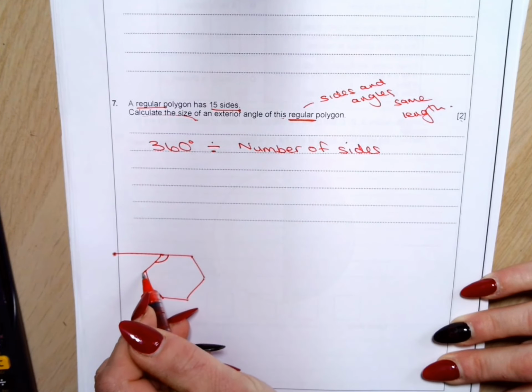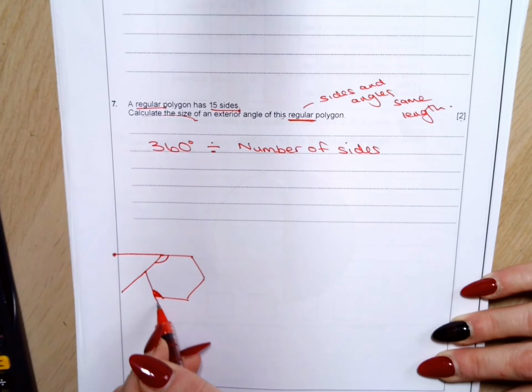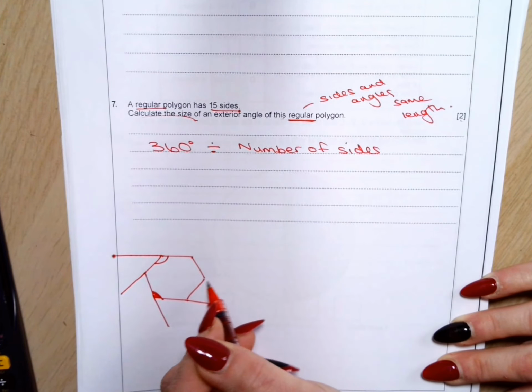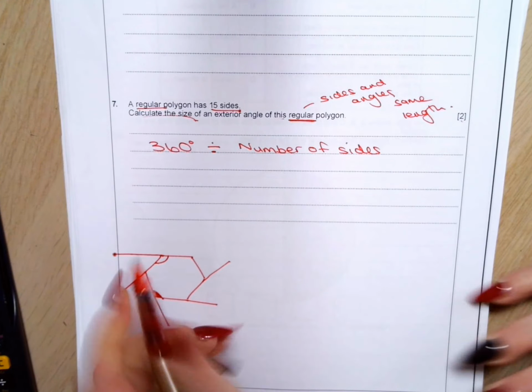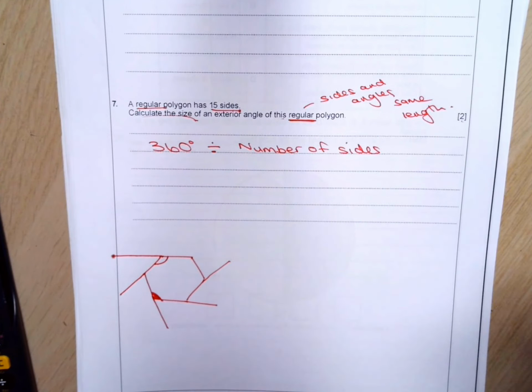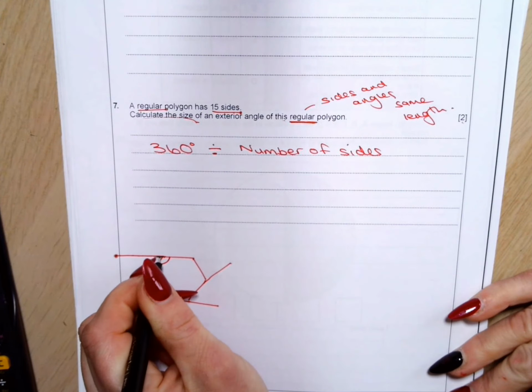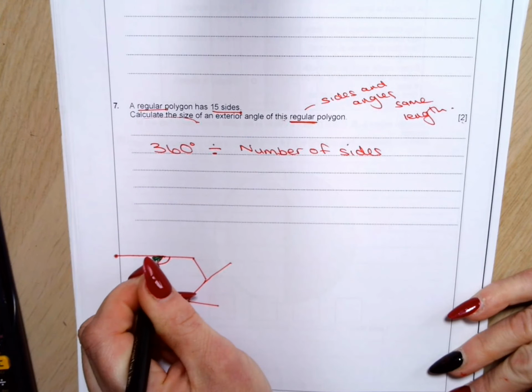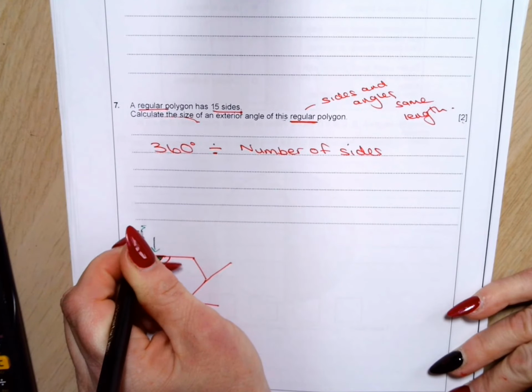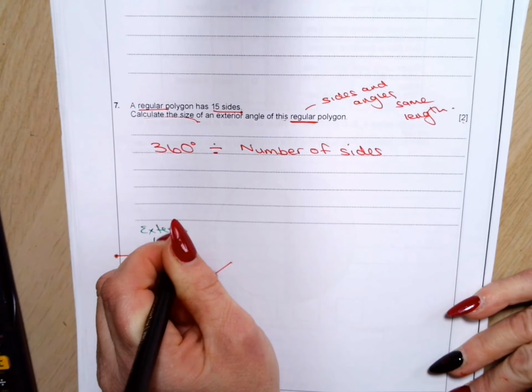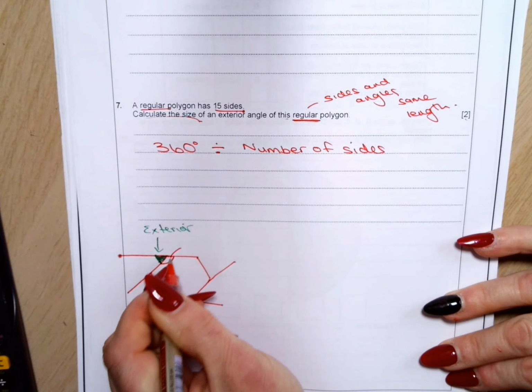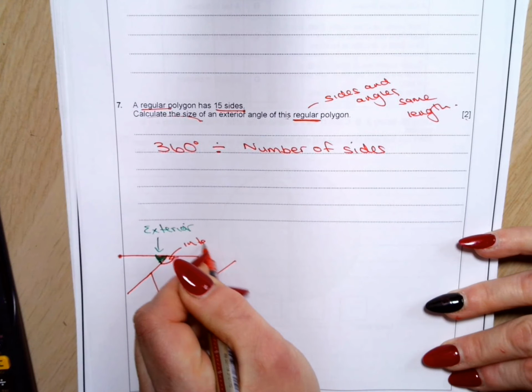You can do that for all the sides of your shape. I'll just get a different colour. That one there is your exterior angle, and the red one there is your interior angle.